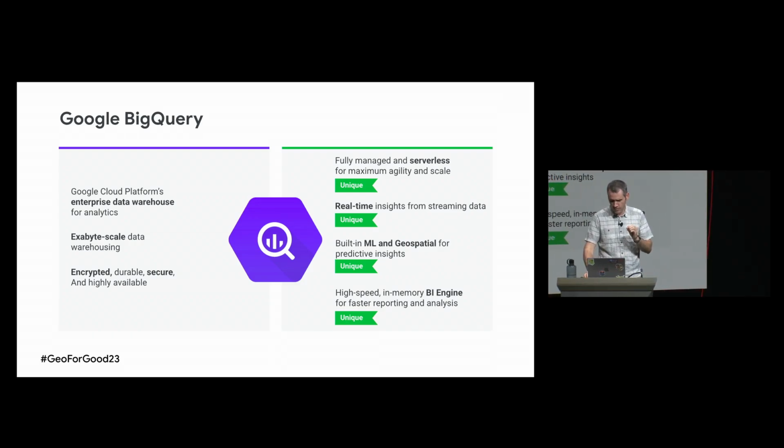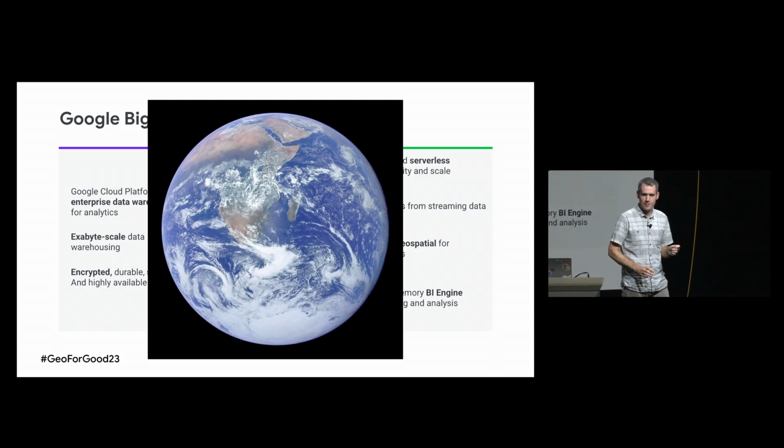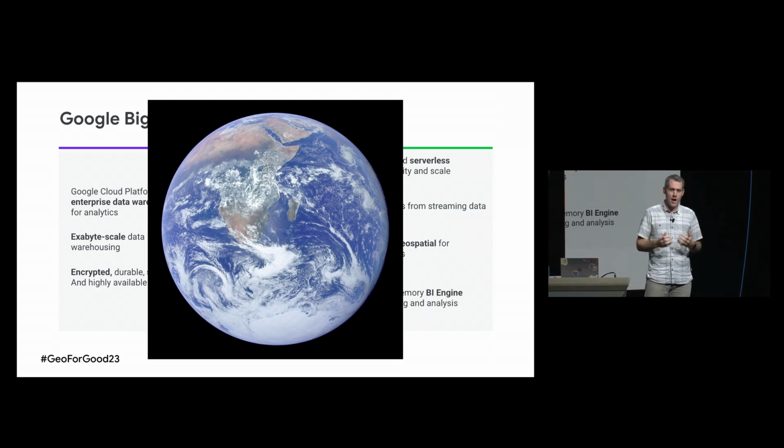One of the really neat things about Google BigQuery is it understands geography. There's a geospatial component to it. And so you can do geographic operations and functions in BigQuery.